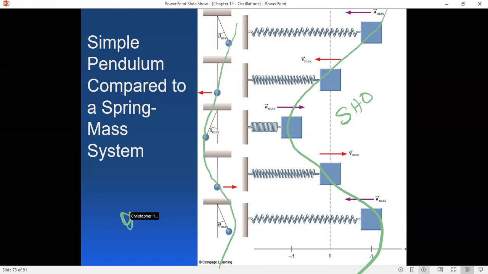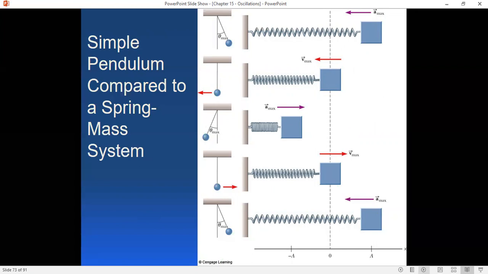It's really the angle which goes by some harmonic function. Both are periodic. The simple harmonic oscillator's period is equal to 2 pi, the square root of the mass over the spring constant. The pendulum, as long as the angle is small, is 2 pi square root L over g.